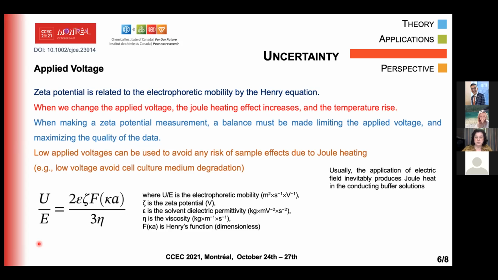So if you want to maximize the quality of the data, you have to take care when changing the applied voltage. On the other hand, for example with a cell culture medium, it's already well known that you have to apply low voltage because it will prevent the medium degradation.